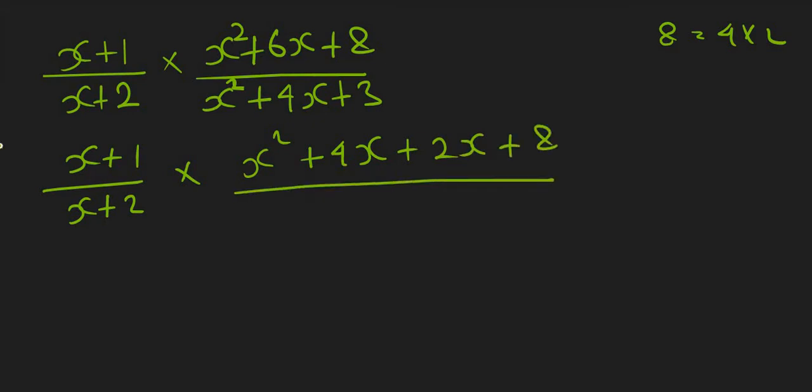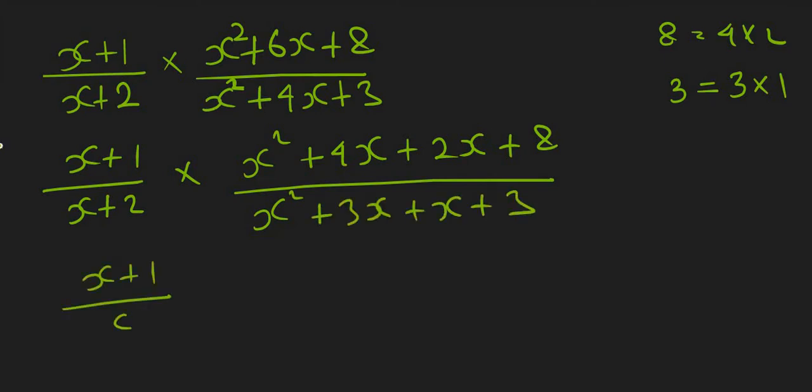And the denominator also has a quadratic expression that can be written as, 3 can be factorized as 3 into 1. Therefore, we can write x squared plus 3x plus x plus 3. x plus 1 divided by x plus 2 multiplied by, we take the x out and we are left with x plus 4. We take the plus 2 out.